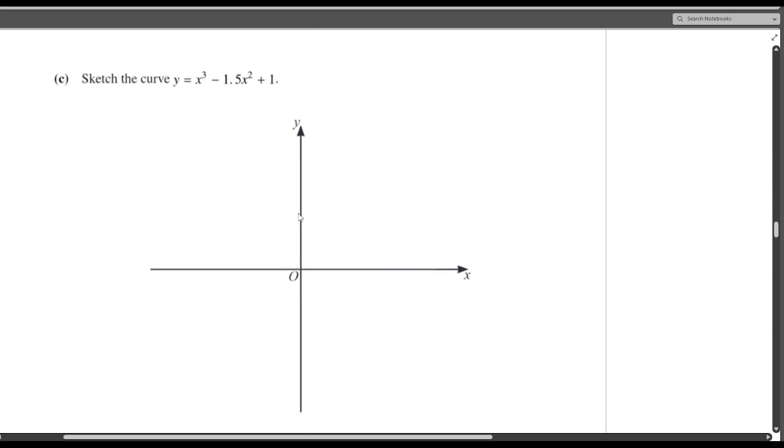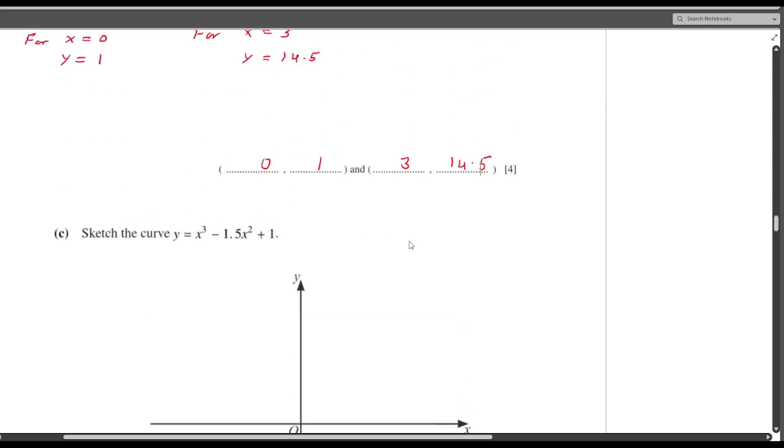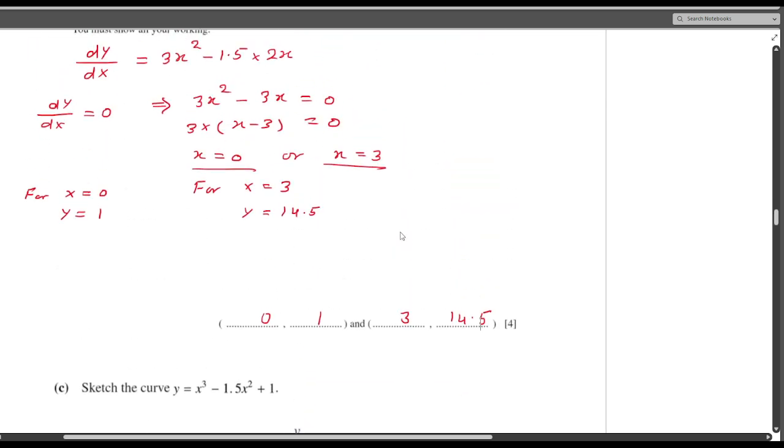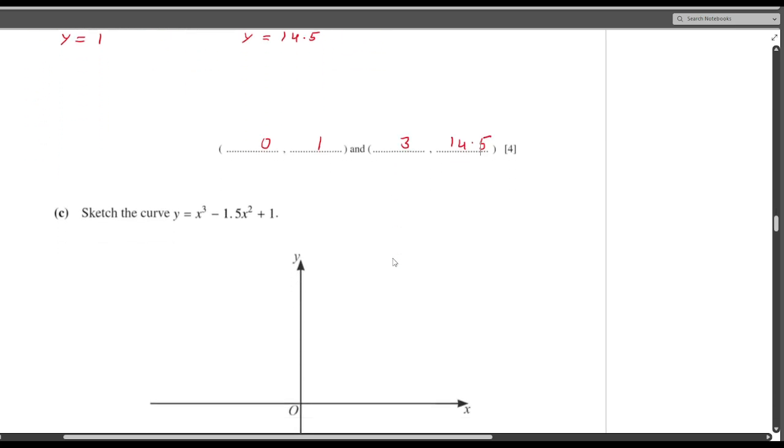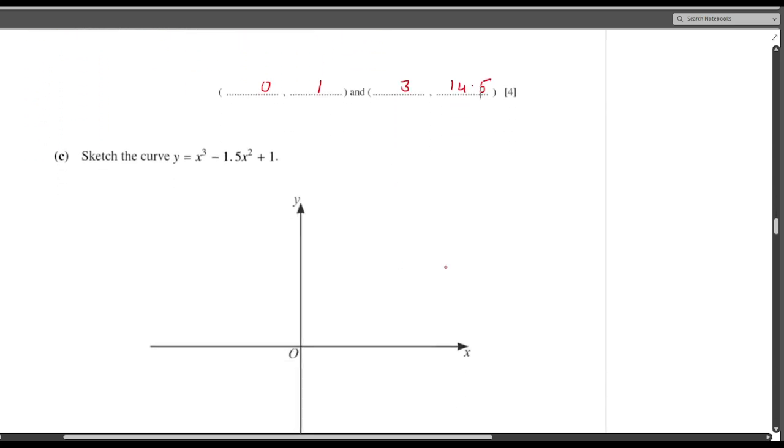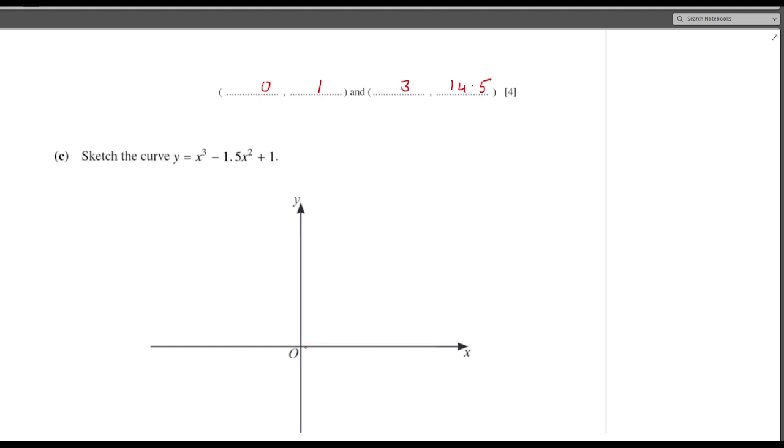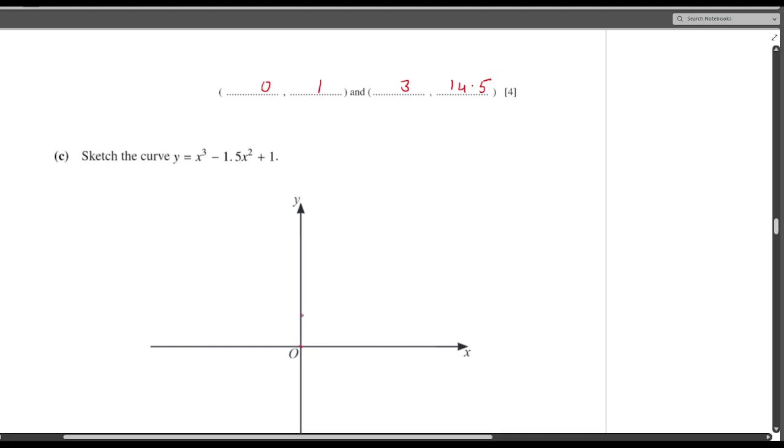Now sketch the curve. A few things. You know what the stationary points are: (0, 1), sorry, 0 comma 1. So 0 is here, let us say this is 1, this is 2, this is 3, and so on. And here let us consider this as 1, 2, 3, 4.